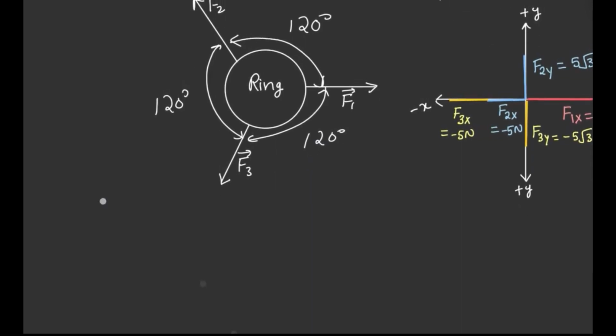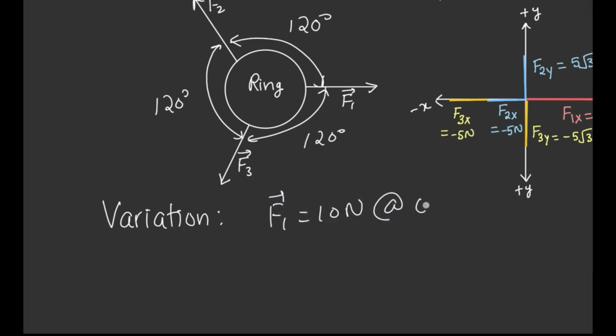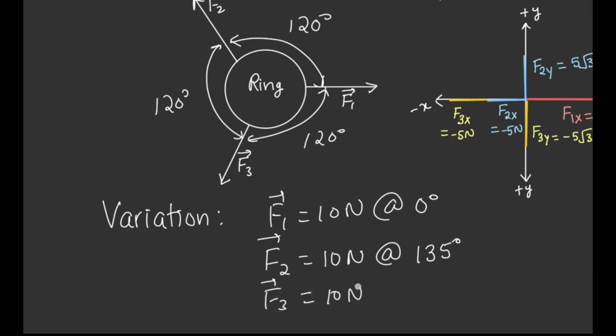You should try a variation of this. Let's say F1 is 10 newtons at 0 degrees. F2 is 10 newtons at 135 degrees. And F3 is also 10 newtons at 225 degrees.